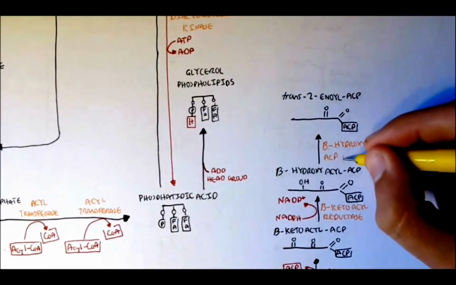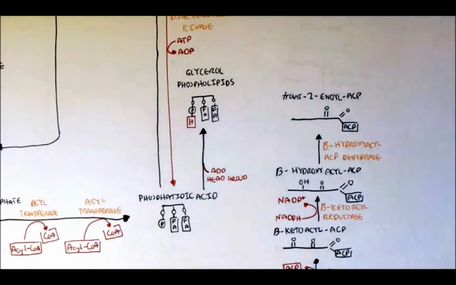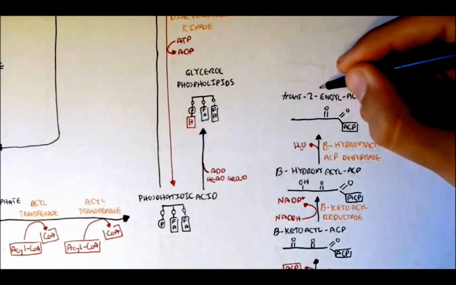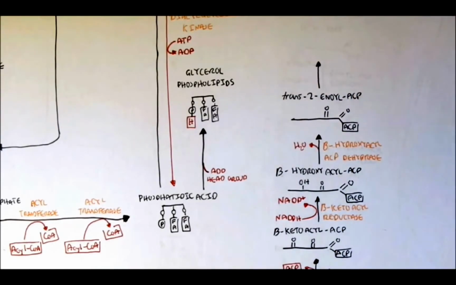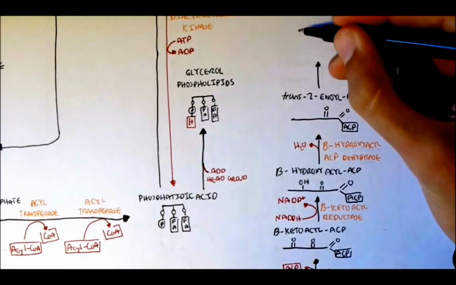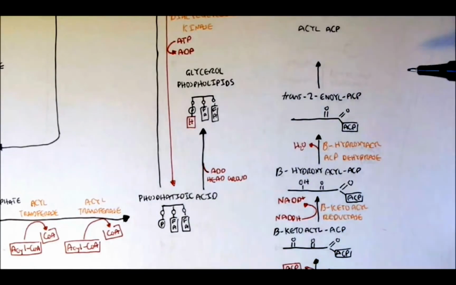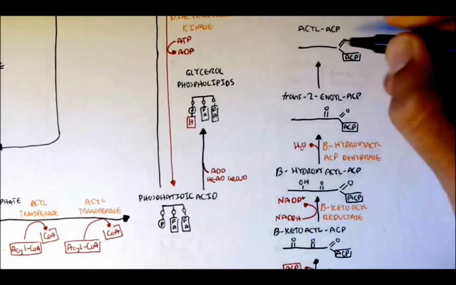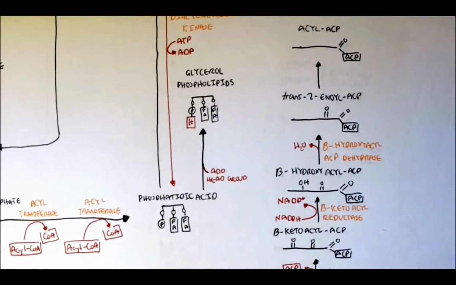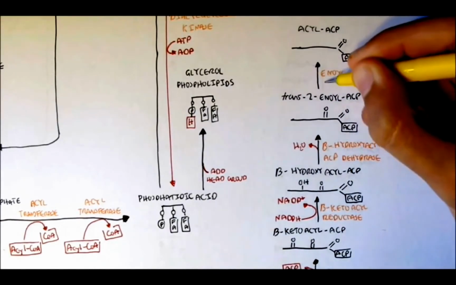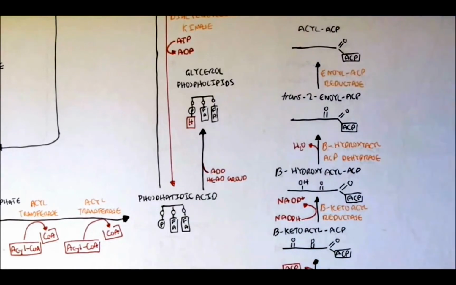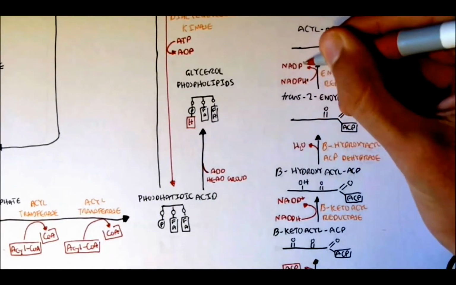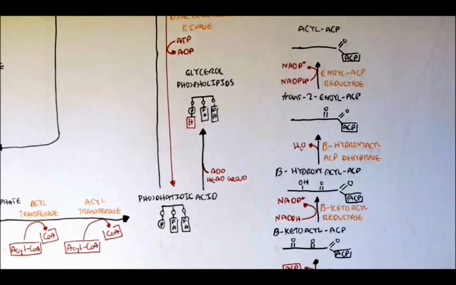Next, this trans-2-enoyl ACP will then be reduced, which is the final step, again to form acyl ACP. So NADPH is oxidized to NADP because trans-2-enoyl ACP was reduced. And this is done by the enzyme enoyl ACP reductase.